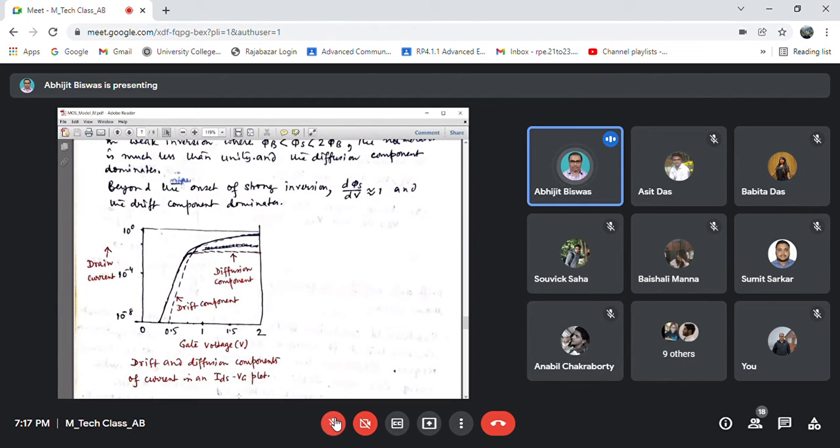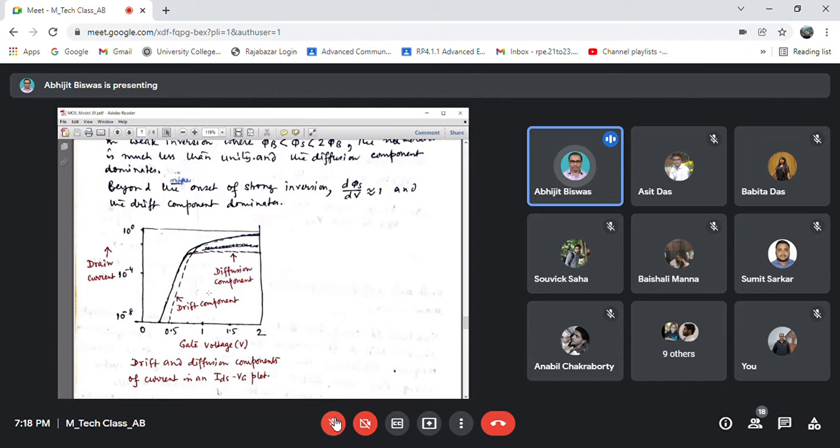When the device operates in the subthreshold region, less than 0.7 volt, the drift component is much lower, and this continuous curve is higher.